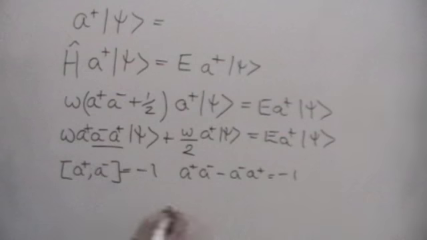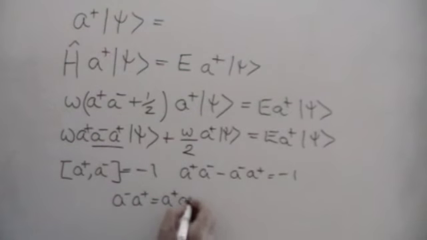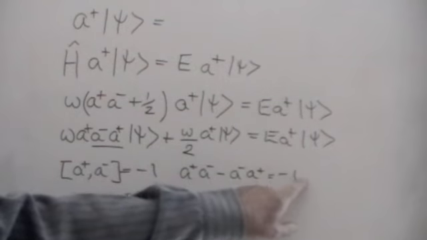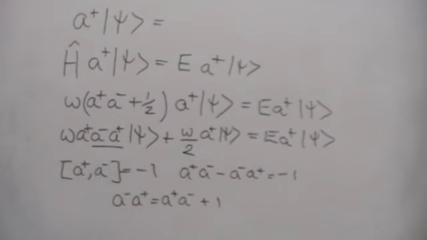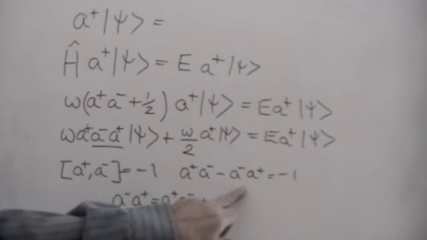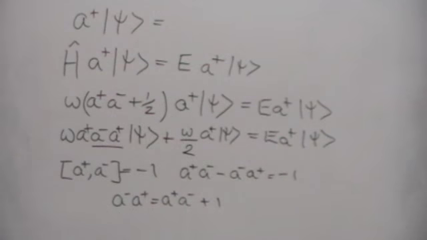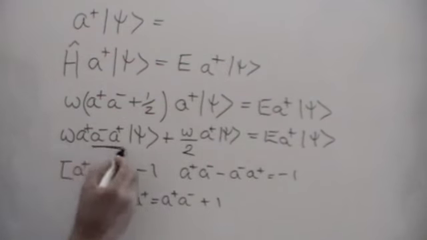And that means that A minus A plus is equal to A plus A minus plus 1. If you take the 1 to the other side, it becomes a plus. So what I want to do is substitute A minus A plus with A plus A minus plus 1.